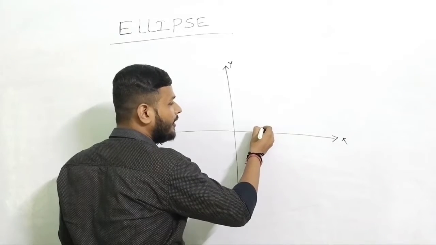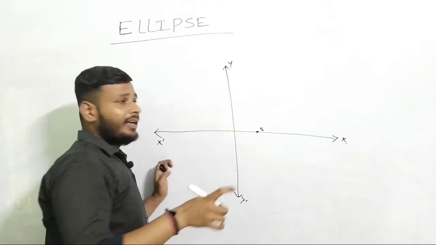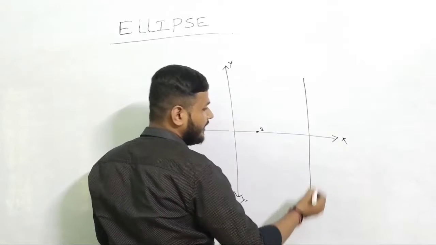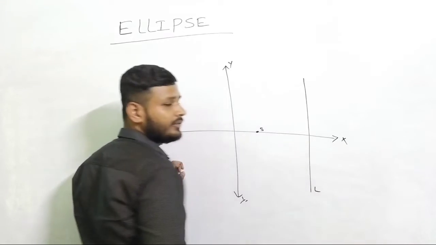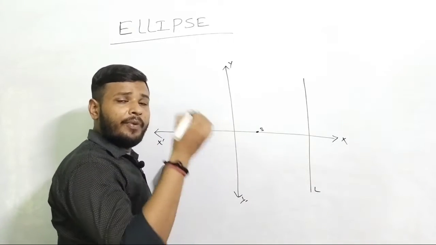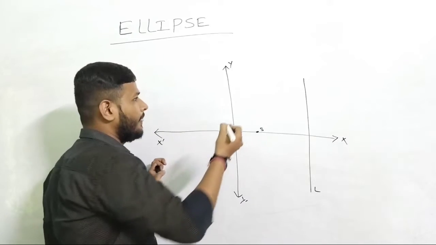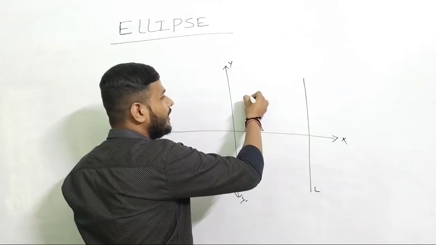We choose a fixed point S and a fixed line L, and a movable point P.